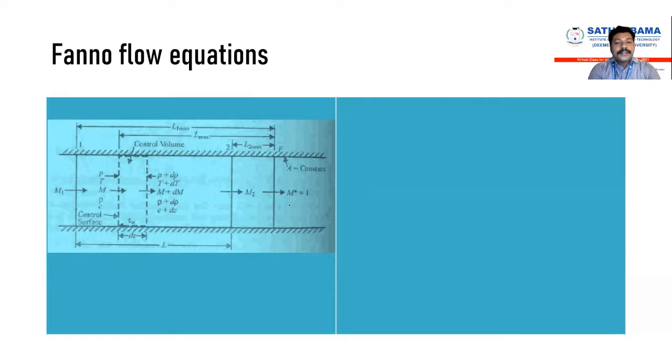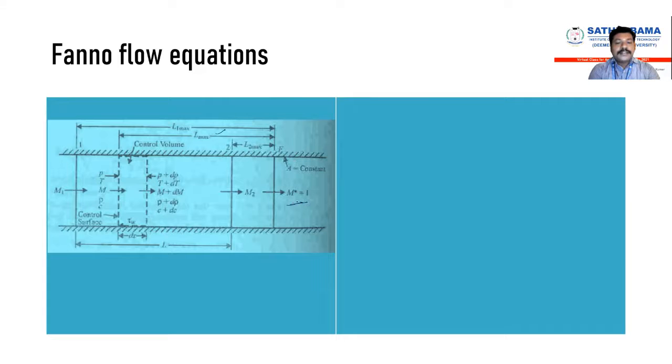So we will have the critical condition, that is the sonic state, for M2. So this M2 is supposed to be M star equal to 1. So what happens to the critical length? Your critical length is said to be L max. I am considering two critical lengths here: one is L1 max, another one is L2 max.